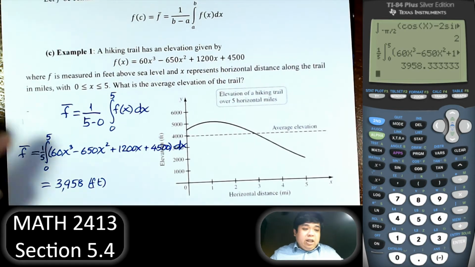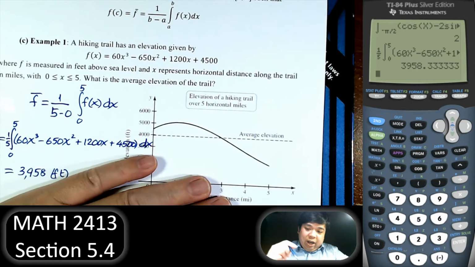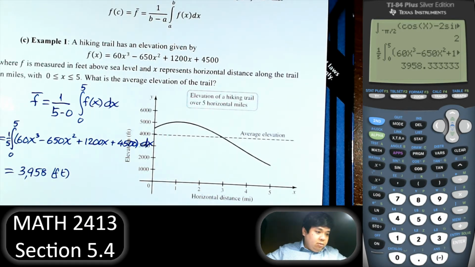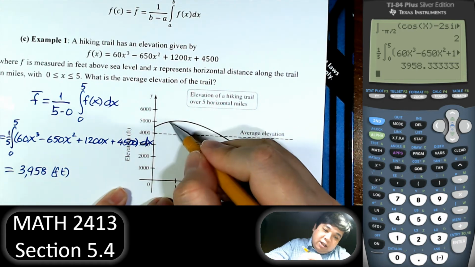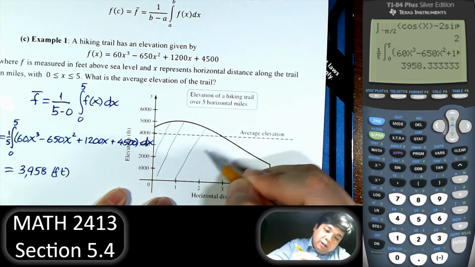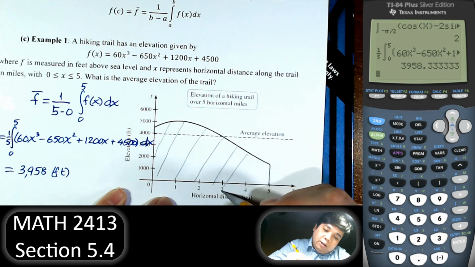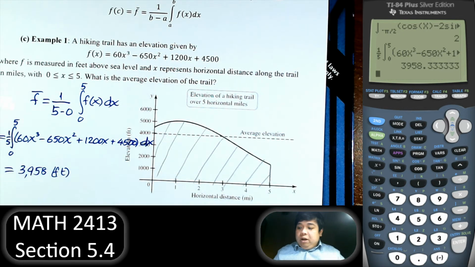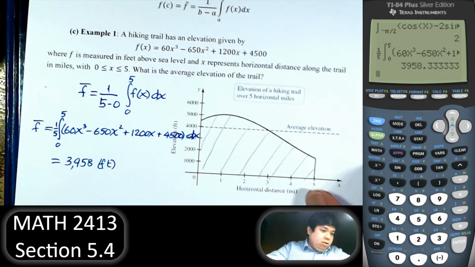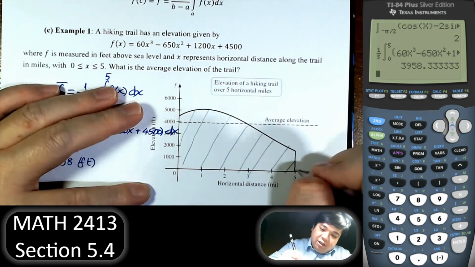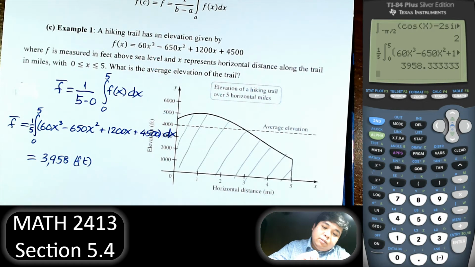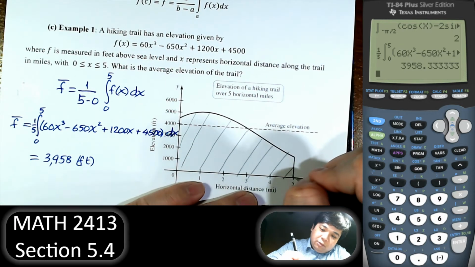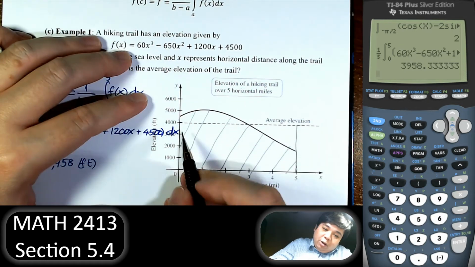So now, when we calculate the area under the curve, this area will be the same as this area from 0 to 5, with the average value function.